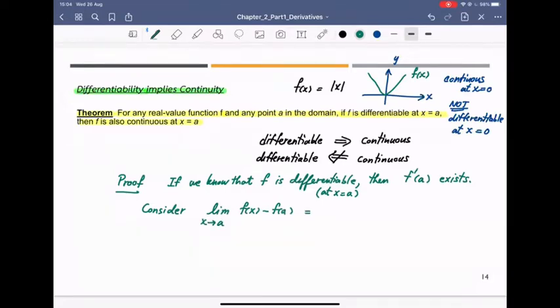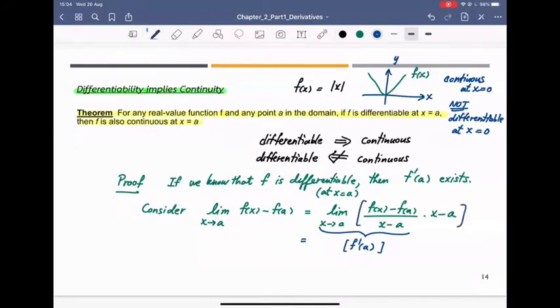If you simplify this a little bit, you get the limit of f(x) minus f(a), multiplied by x minus a over x minus a. You just multiply by the number 1, which is x minus a over x minus a. Once you group it, you can see that this thing is going to be just f prime a.